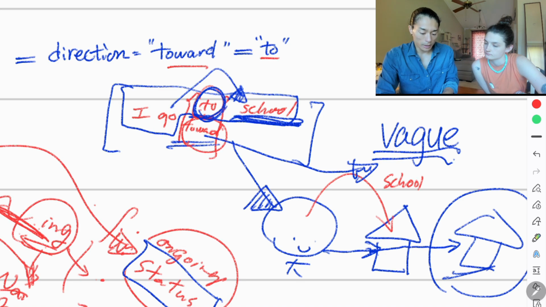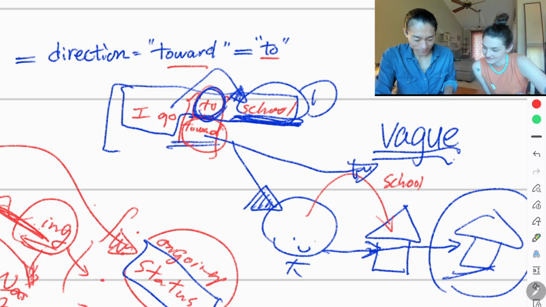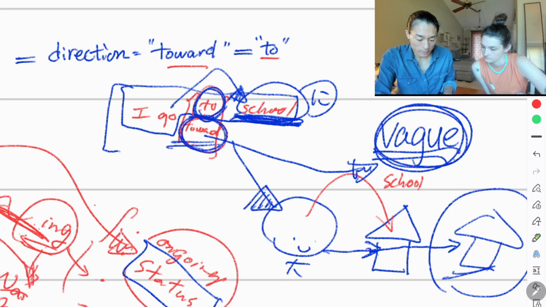That's why for this one, which particle would you use after school? Ni? Good, right? Good job. Ni, destination, place, destination, right? When we want to mean I go towards school, vague meaning, this is when we use, instead of ni, e.